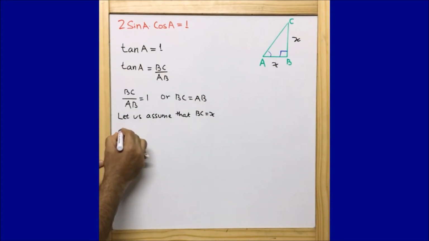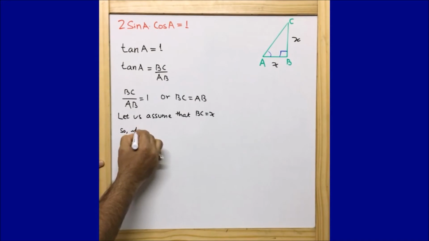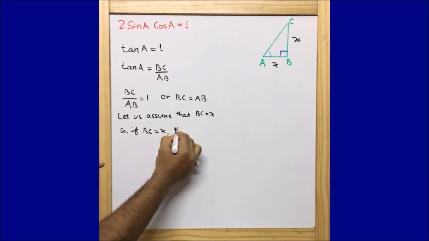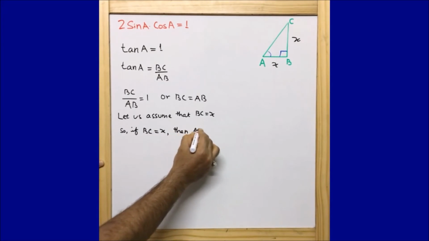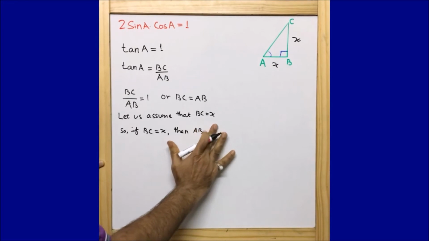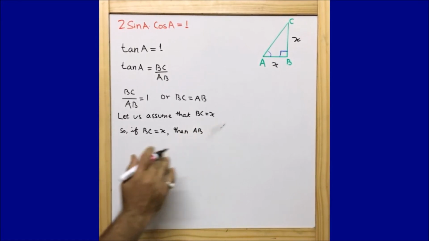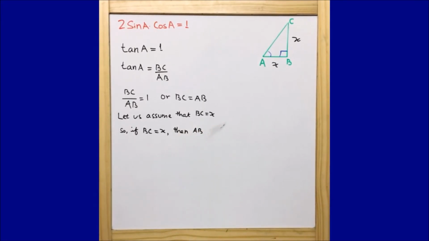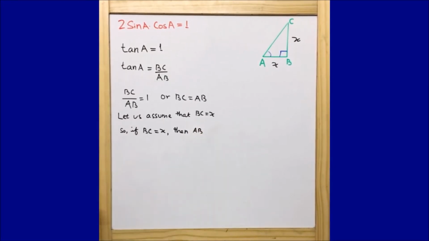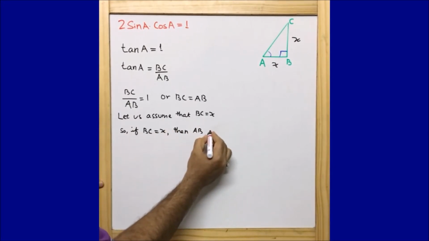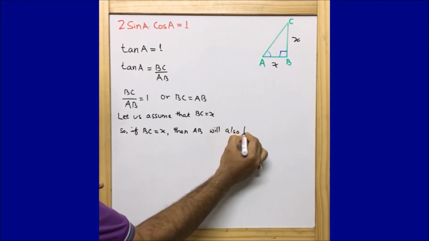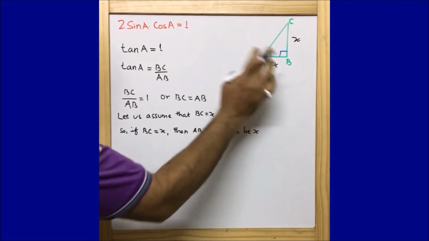So if BC is equal to X, then AB will also be X. That is what we have done.